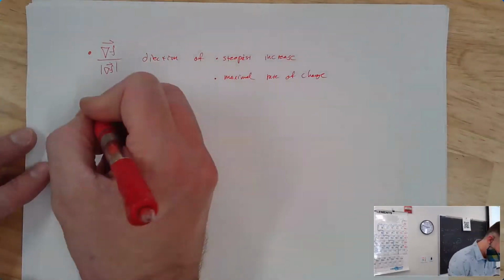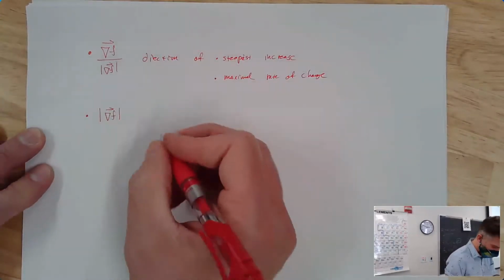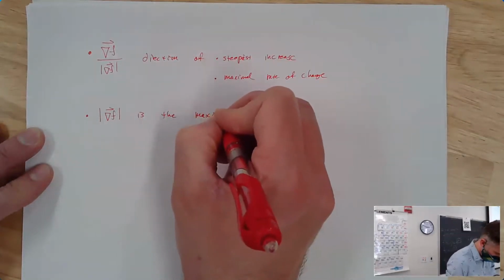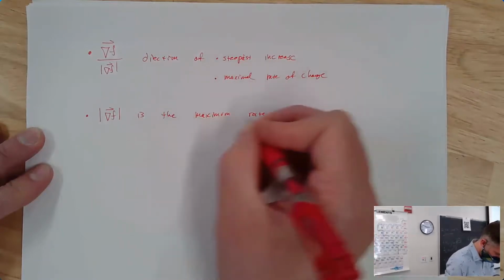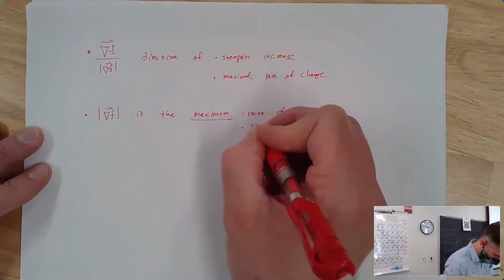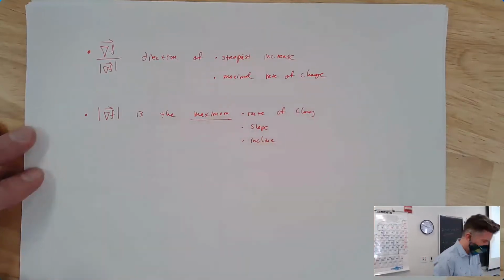And then the gradient itself, its magnitude, is the maximum rate of change, or slope, or incline. However you want to say those things.